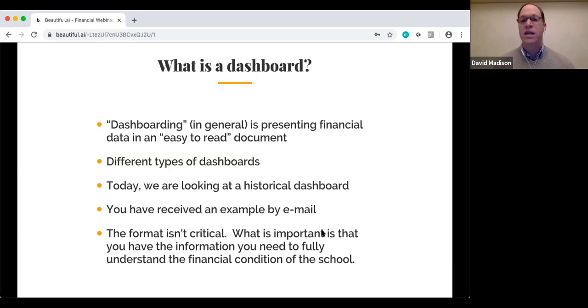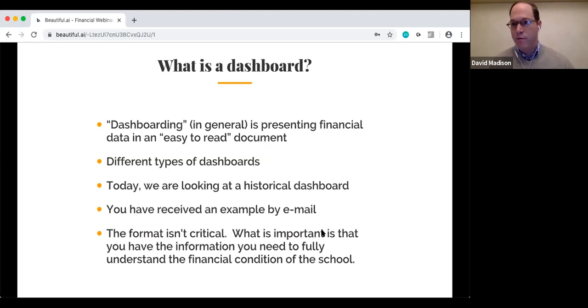You've received an example in your email. We'll look at that example at the end, but the first thing I want to do is take a look at the 11 critical parts to a historical dashboard, and then we'll get into what the example looks like.